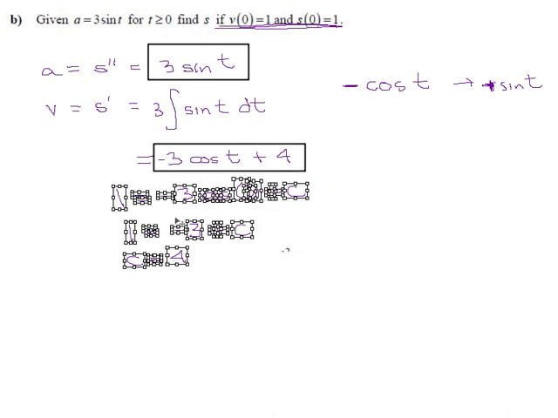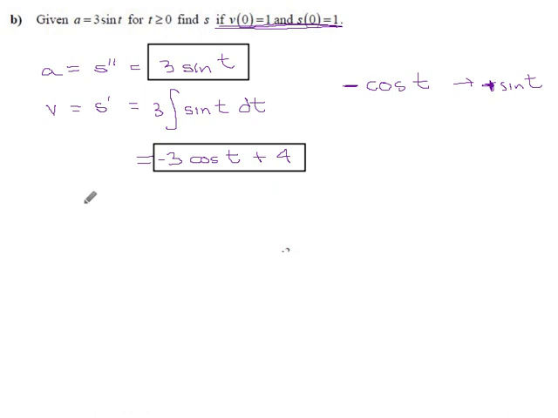And now we need to do one more step to find our position. Position is the antiderivative of -3 cosine t plus 4 dt.